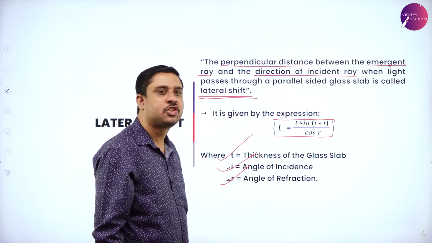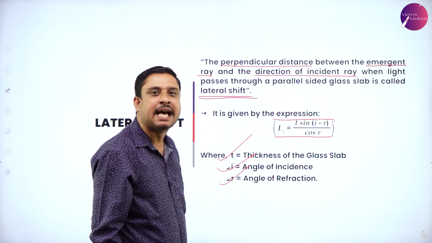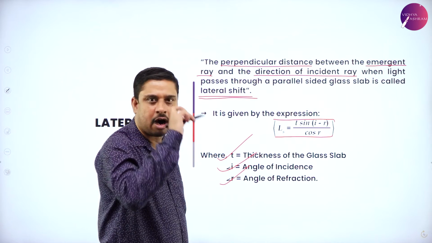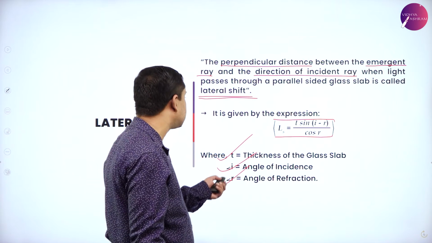So lateral shift is T sin(i minus r) divided by cos r.